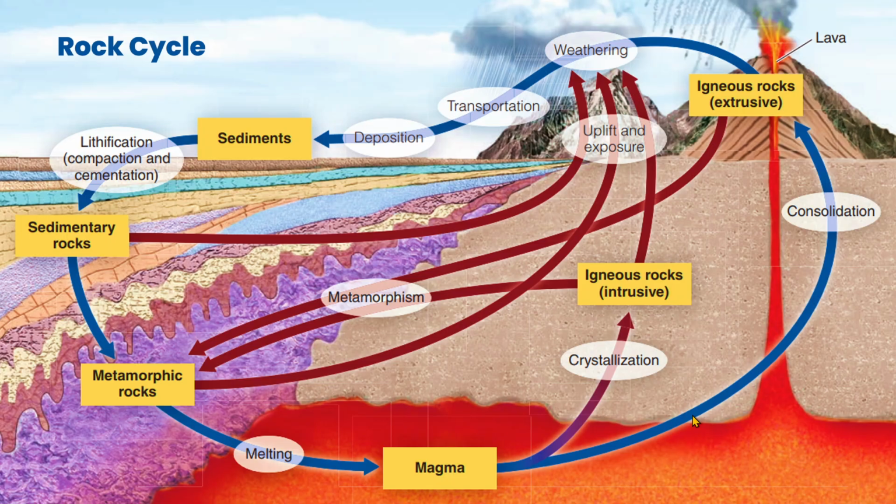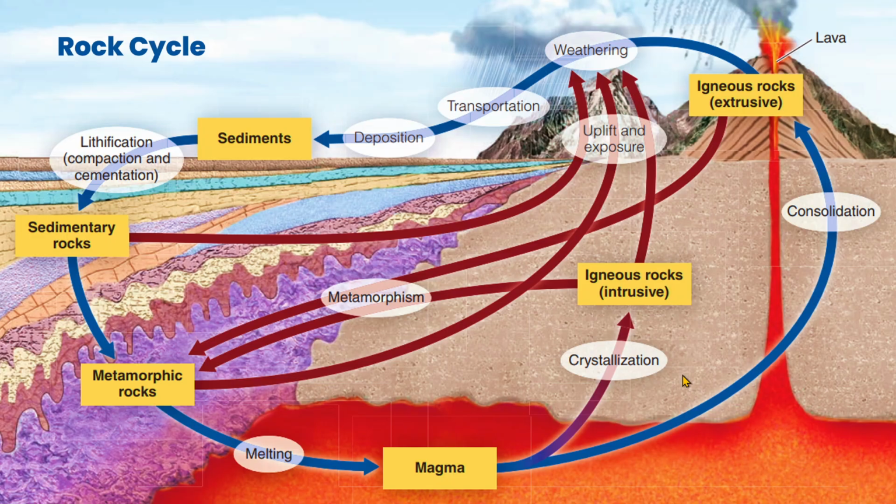For example, all rocks start as part of magma. And when magma solidifies, it turns into igneous rocks. Igneous rocks may transform into two types of igneous rocks. There are two types, intrusive and extrusive.